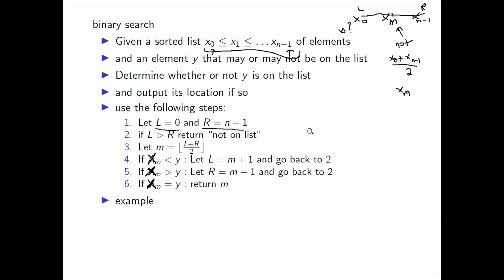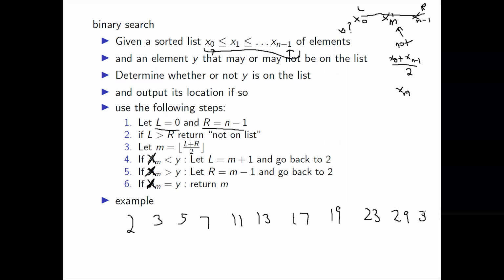We can do a pretty simple example here. Let's say we have a list of the first 11 primes. We'll say x0 here, x1, x2, x3, x4.